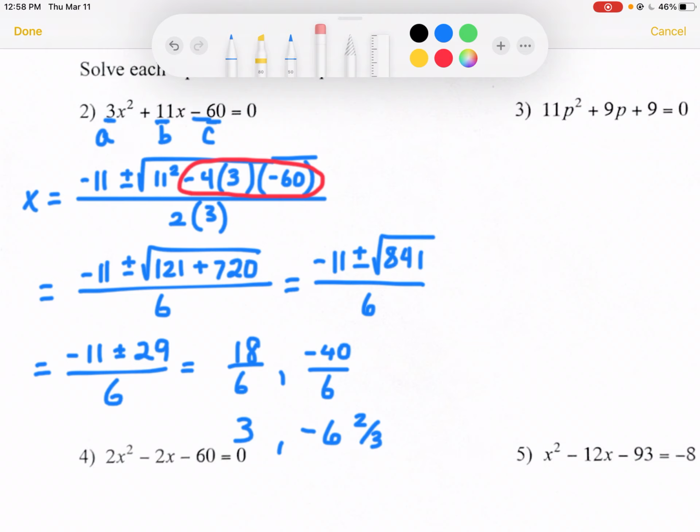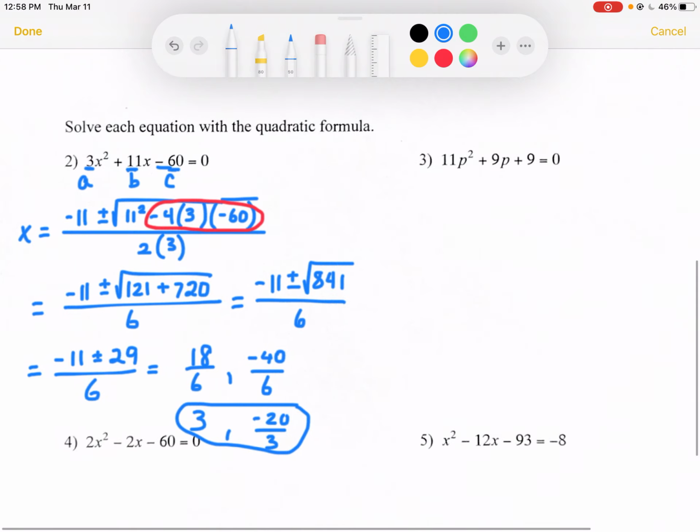My guess is that we will be leaving that as an improper fraction, so take negative 40 over 6 and reduce it to negative 20 over 3 if we're planning to type those into Schoology. Okay? So that's the process. That's how we do this.